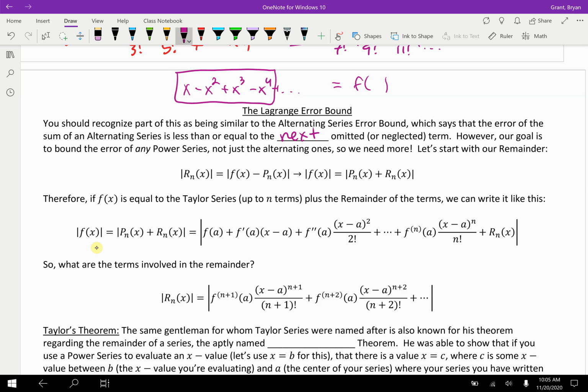So if I were to just use the first 4 terms, that answer is only off by a maximum of the next term that you left off. That's your alternating series error bound.